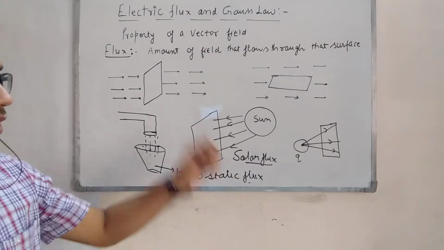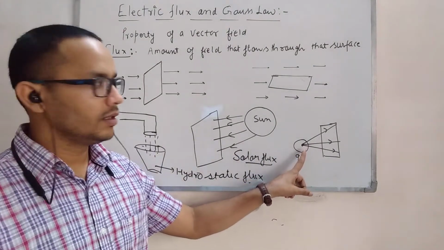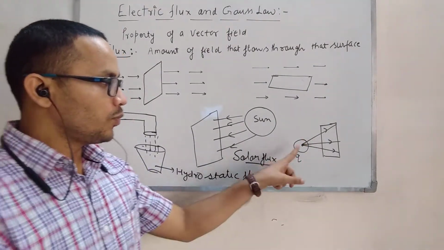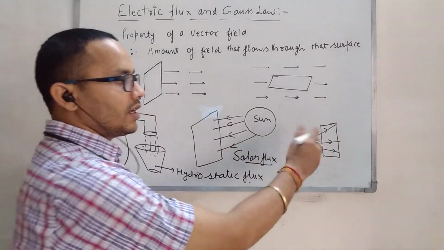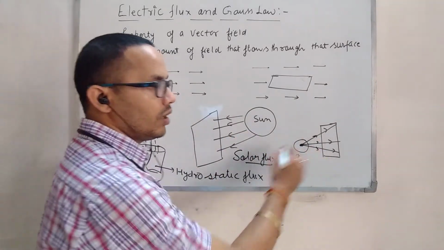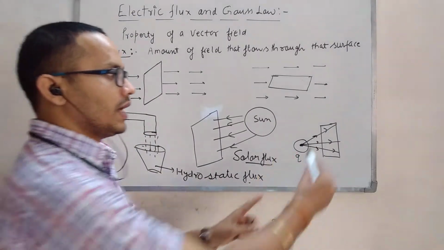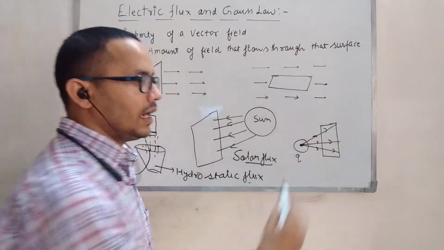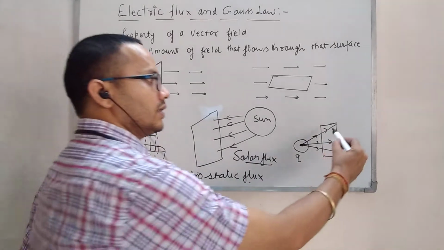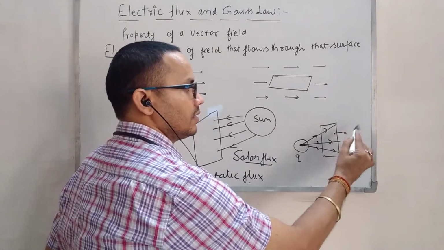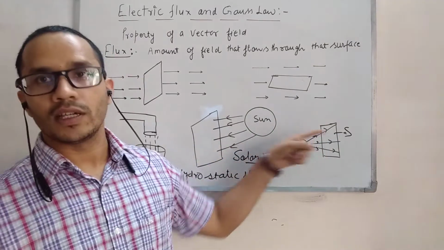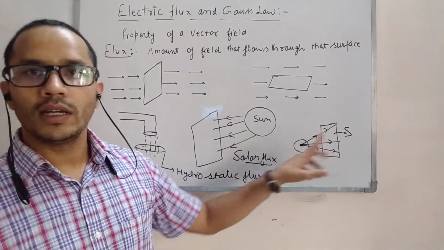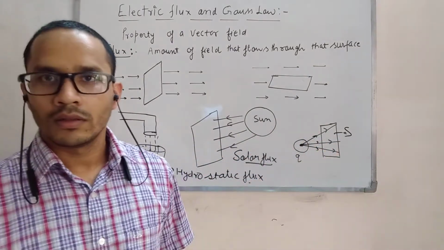Similarly, if I put a charge Q here, as you know, this positive charge emits radiation, or you can say electric lines of force, in all possible directions. If you have a 1 meter square area or any surface area, this surface area S, then the number of electric lines of force penetrating this surface is known as electric flux. Clear?